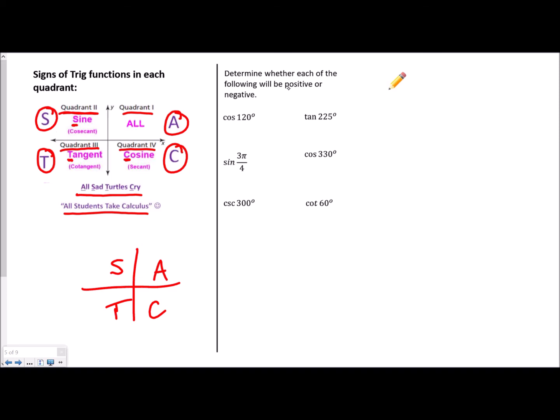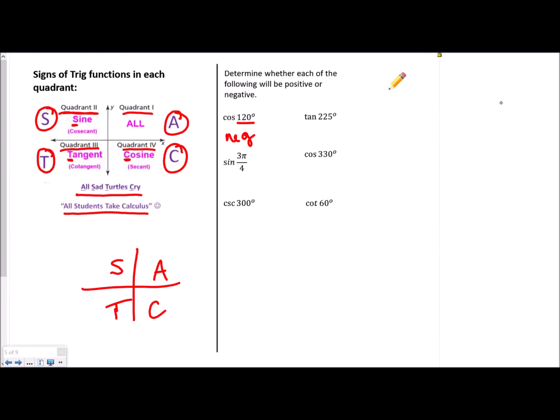Okay, let's practice some of this. All sad turtles cry. It says determine whether each of the following will be positive or negative. Cosine of 120. 120 is more than 90, but less than 180, so it's going to be in quadrant 2, which means it's going to be negative because only sine is positive in that quadrant. Okay, 225.